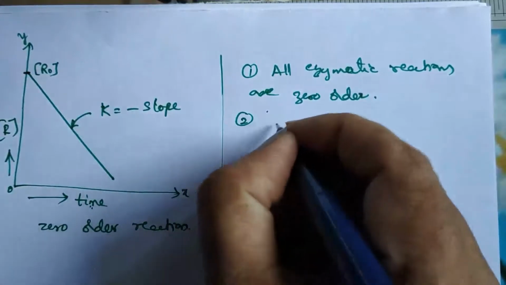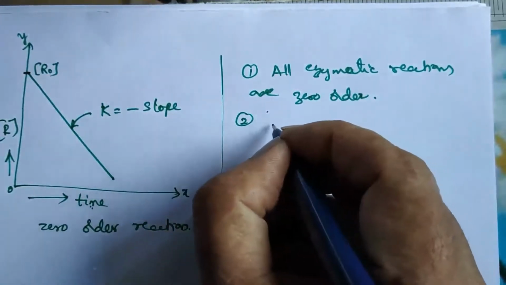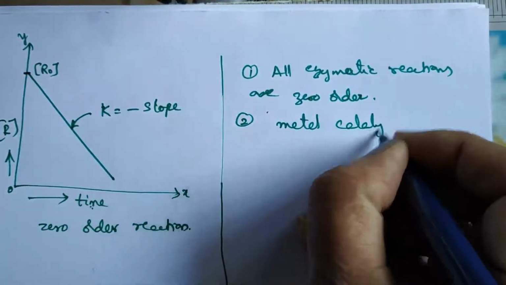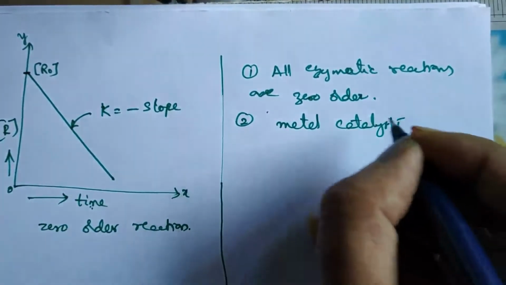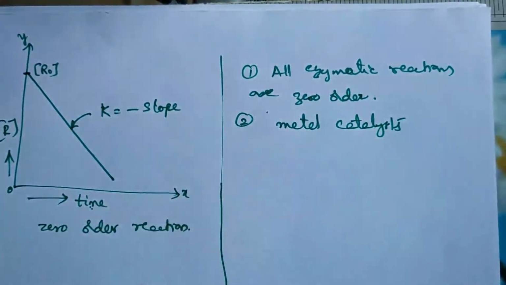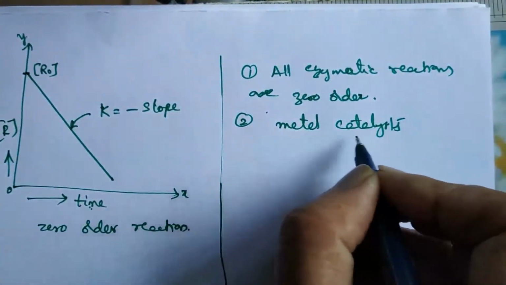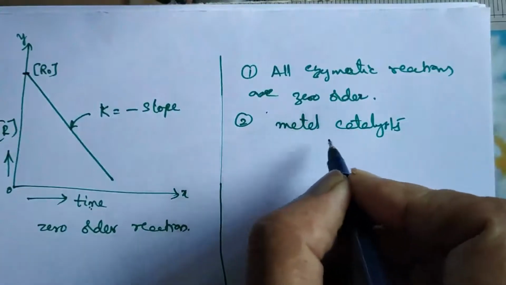And the second one is the reactions undergoing at metal catalysts. These are also on metal surfaces or metal catalysts, so these also come under the zero order reaction.